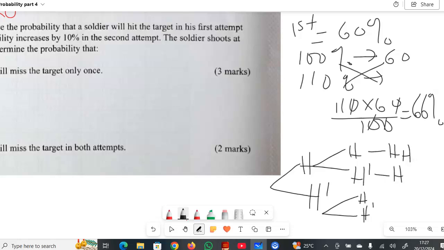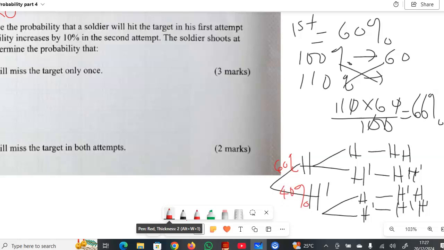You can hit the first one and miss the second one, or you can miss the first and hit the second one, or miss both attempts. So hitting the first case, you've been told, is 60%. So missing should be 40%.